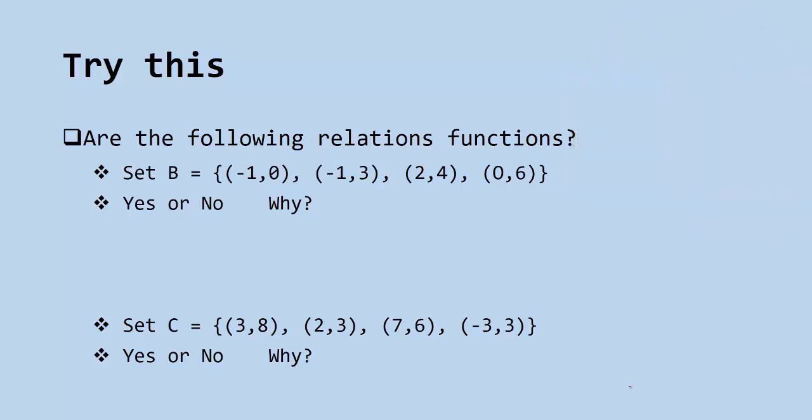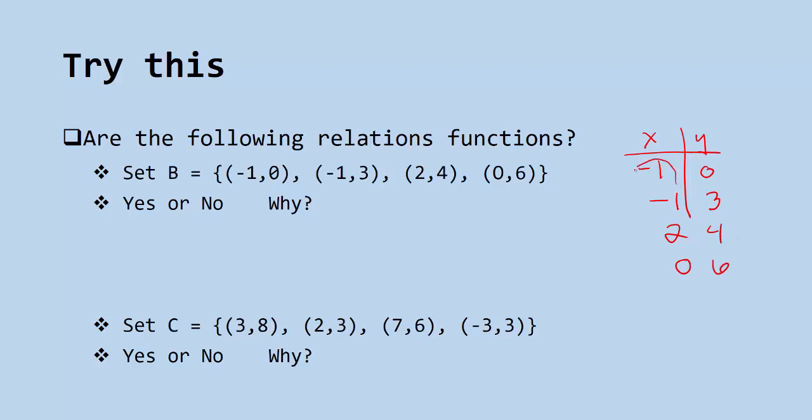Let's take set B: (-1, 0), (-1, 3), (2, 4), and (0, 6). So if I wanted to map these, I could make a little table here of my x and my y values, is one option. I can see I have -1, 0, -1, 3, 2, 4, and 0, 6.